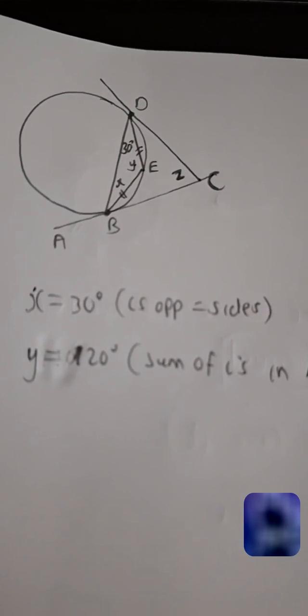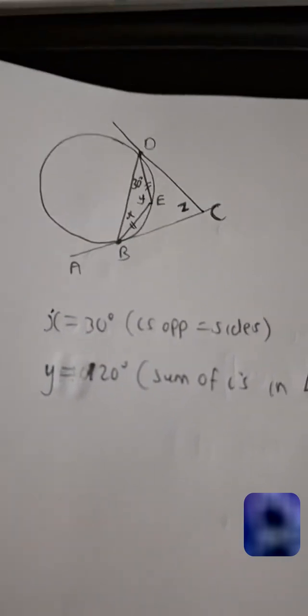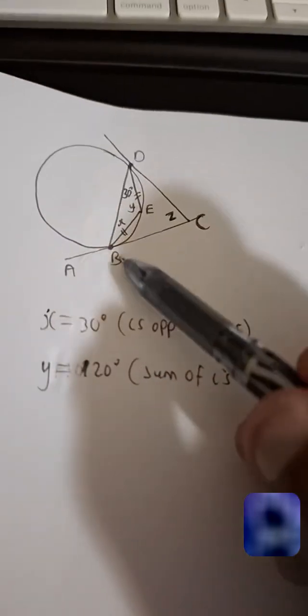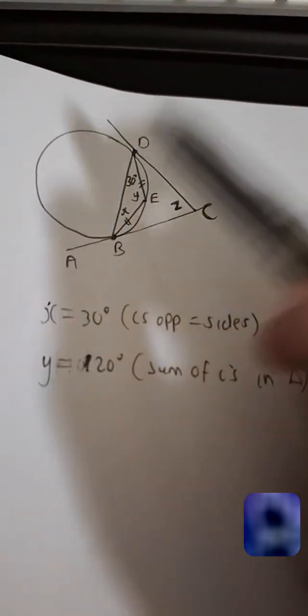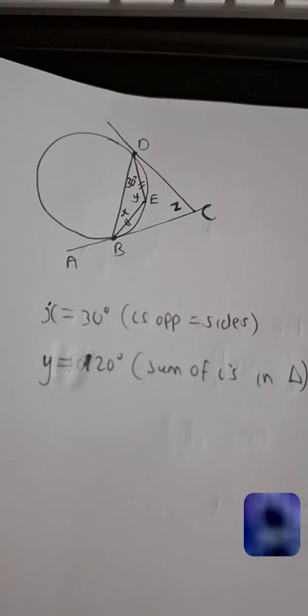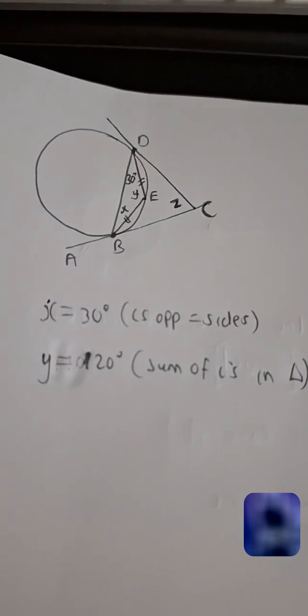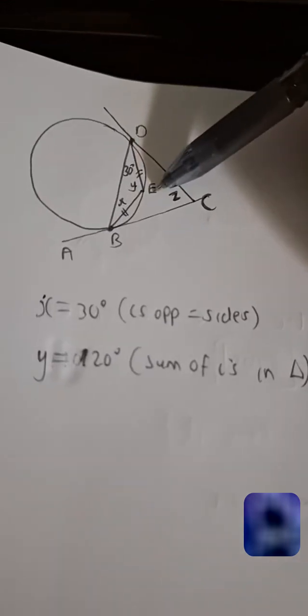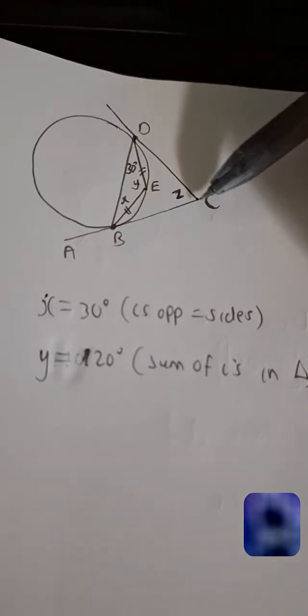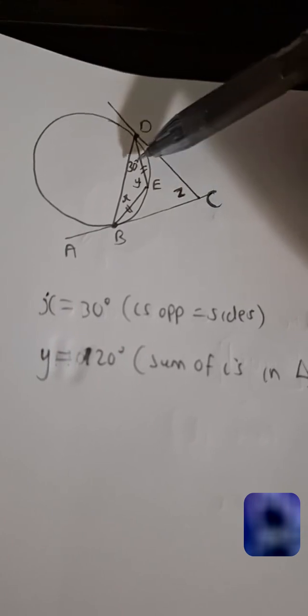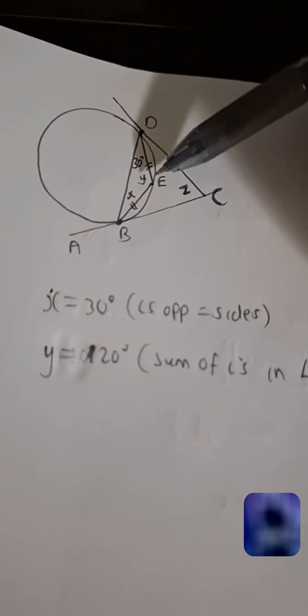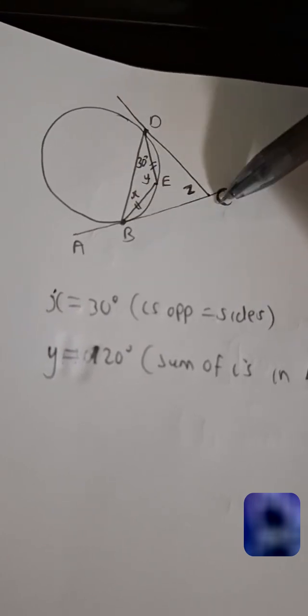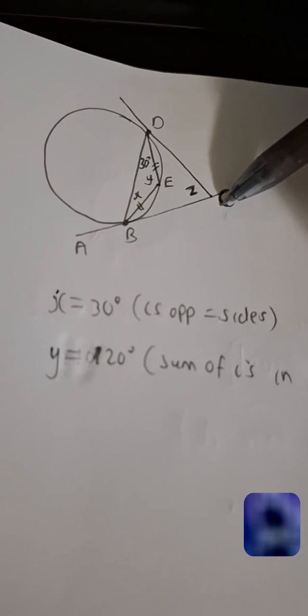That 30 degrees at angle BDE is equal to angle EBC. What's the reason? Tan chord.